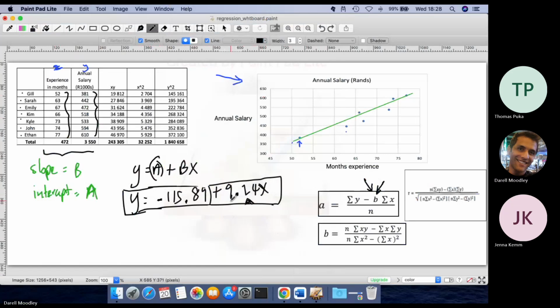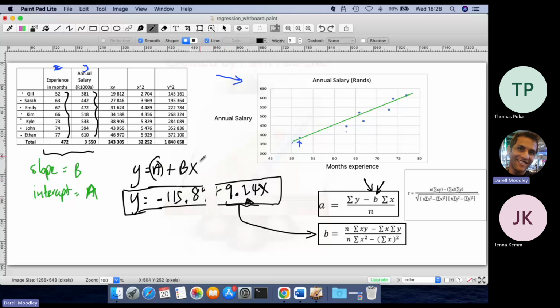Whatever's in front of it, that's your slope, which is 9.24. That would be your b. Okay, sure. Good question. So we've got the equation.